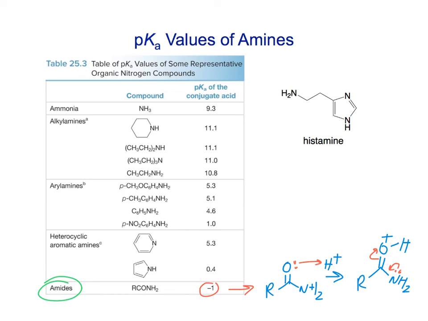Okay? So let's take all of what we learned and look at a compound like histamine. All right? Histamine has 3 nitrogens on it, and so let's just predict the relative basicity of the different nitrogens on the molecule. All right? So which would be the most basic?